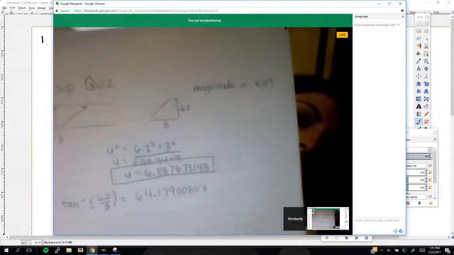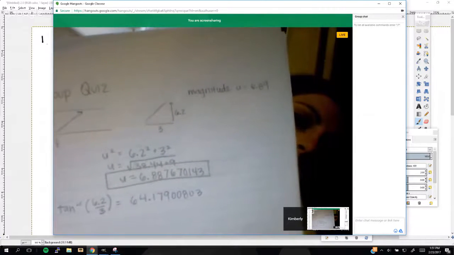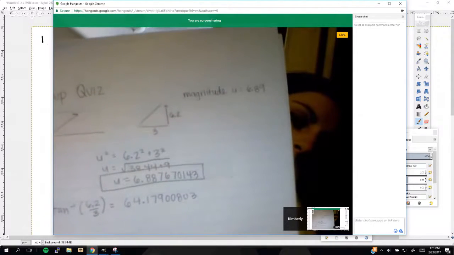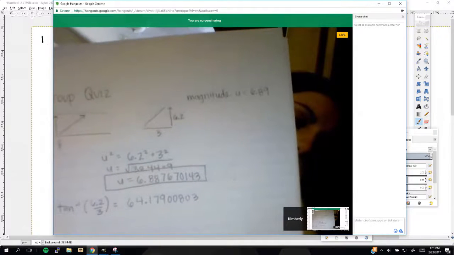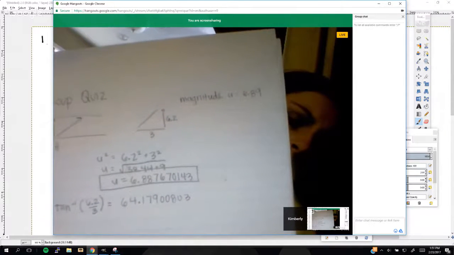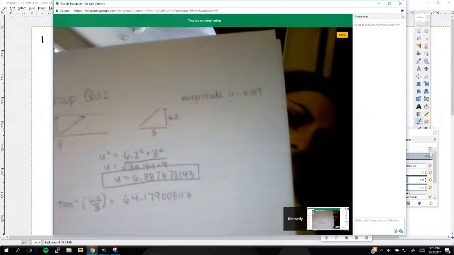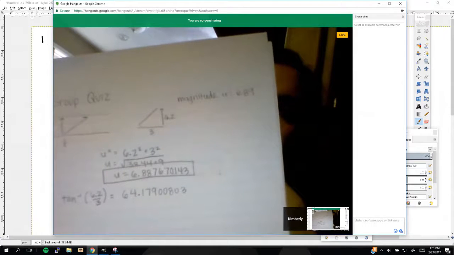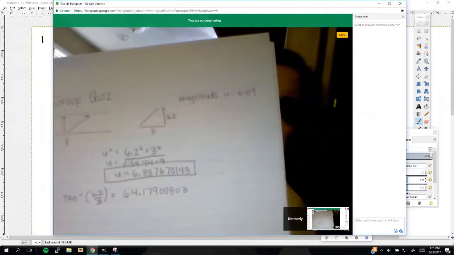Okay, so you used tangent, so you did it a little bit differently than I did. I'm trying to see if we got the same answer. I think we did, which is confusing, but it's all good.